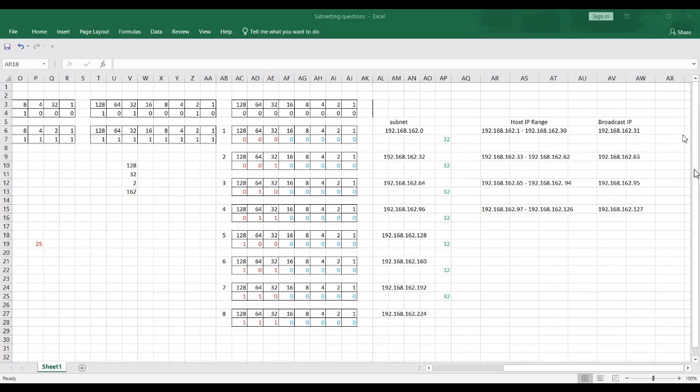So that depends on the requirement of the organization. So does subnetting help to reduce the network traffic, do you think? Yes, actually, it creates separate broadcast domains, right?